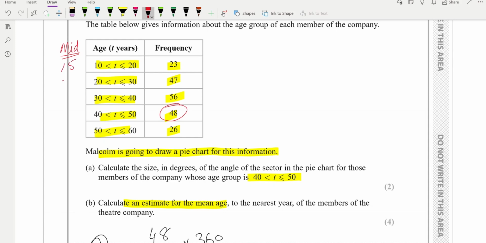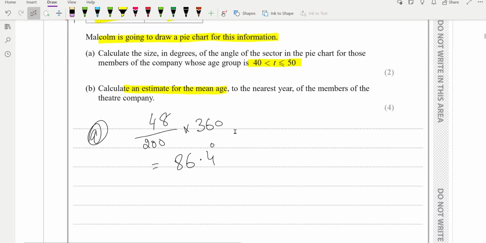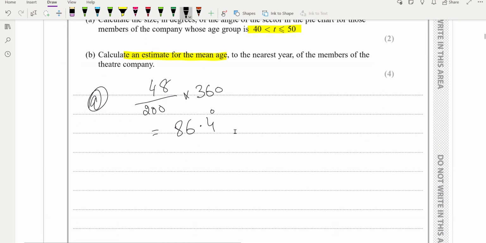Similarly, 20 and 30 is 25, 30 and 40 is 35, 40 and 50 is 45, and 50 and 60 is 55. So we have calculated the mid of these ranges.